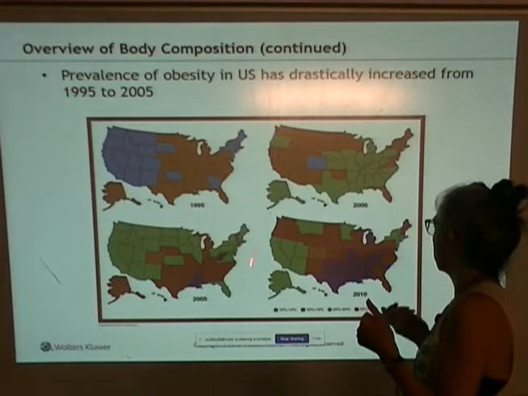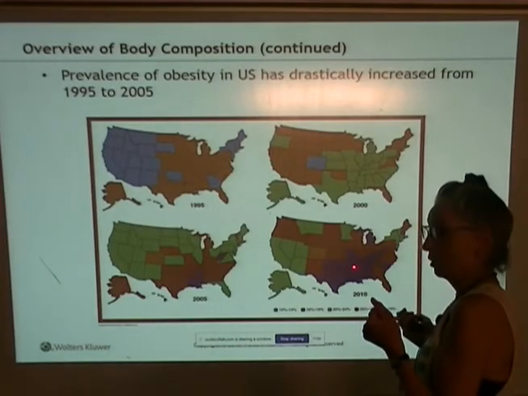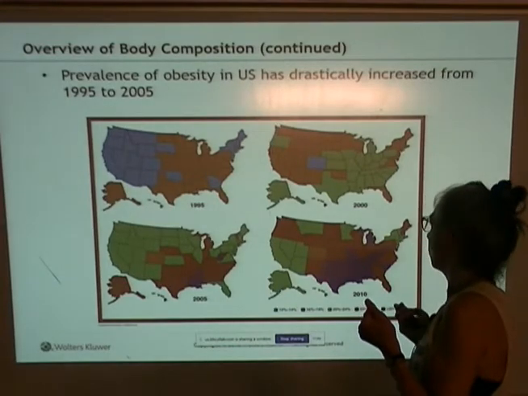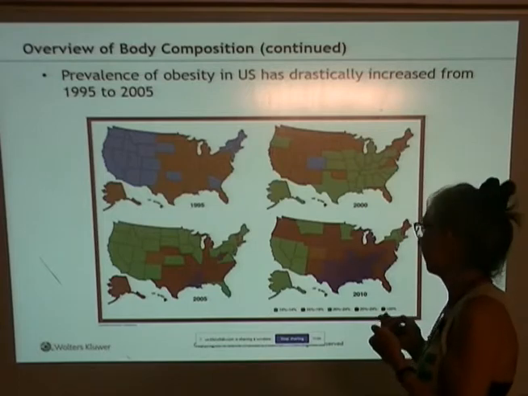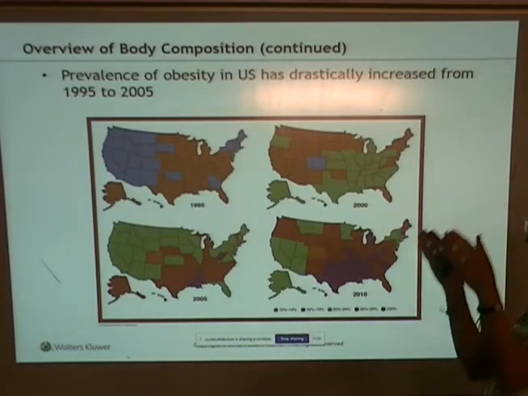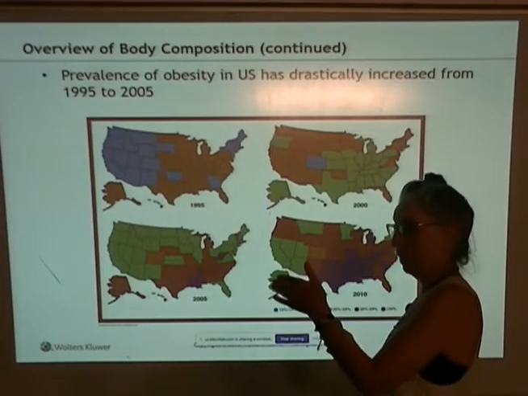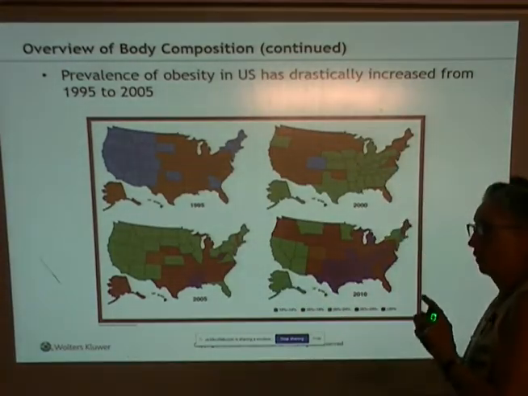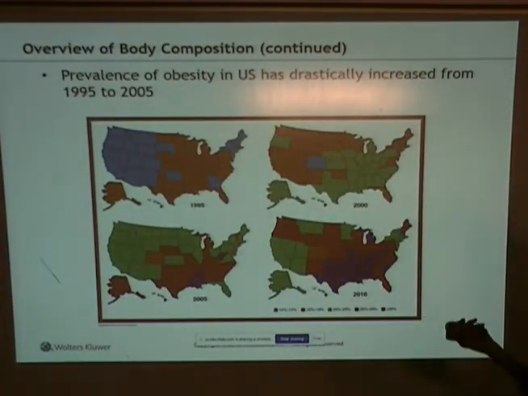Unfortunately, as you can see by the next map, that didn't work out so well, right? And actually, not one state met all the obesity goals for 2010. Not one. Okay? So, this is a problem.